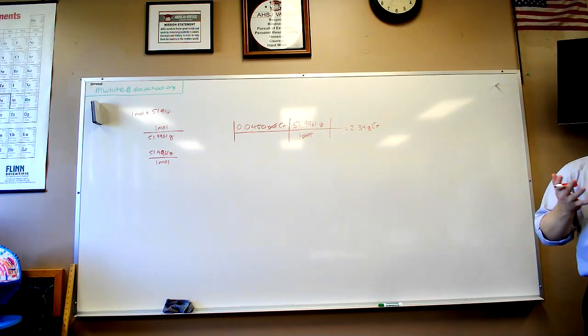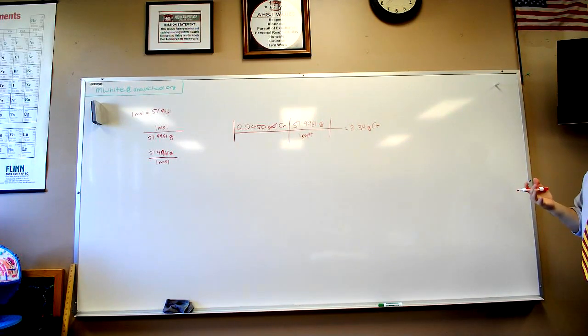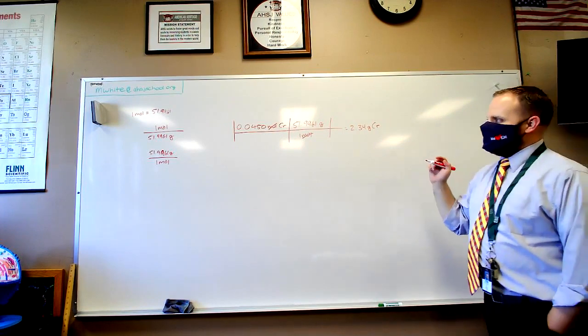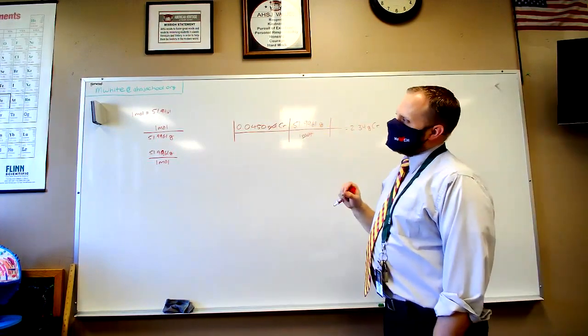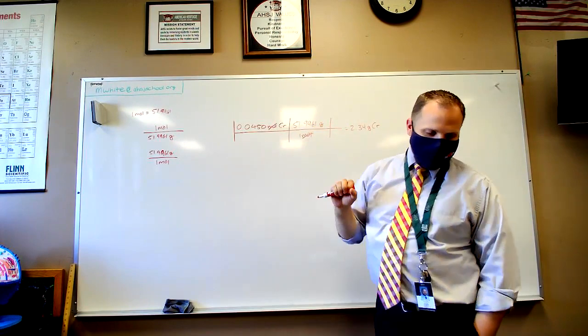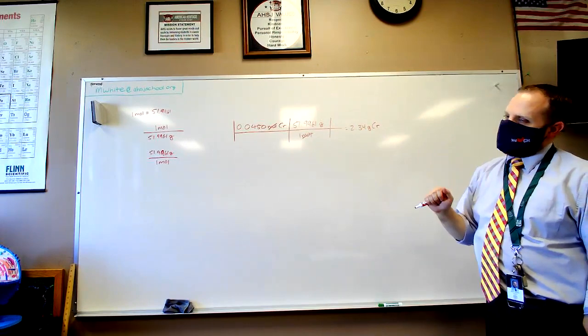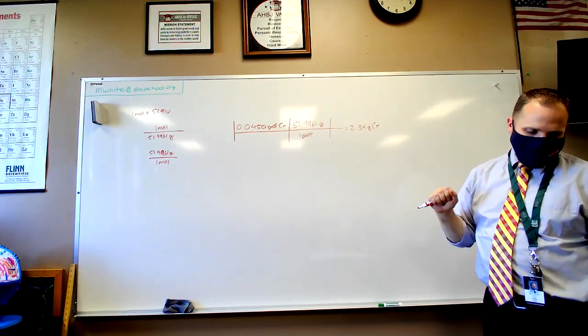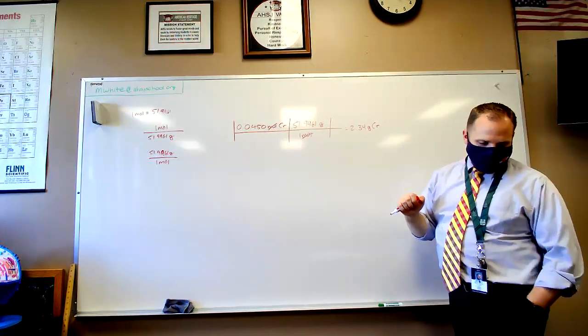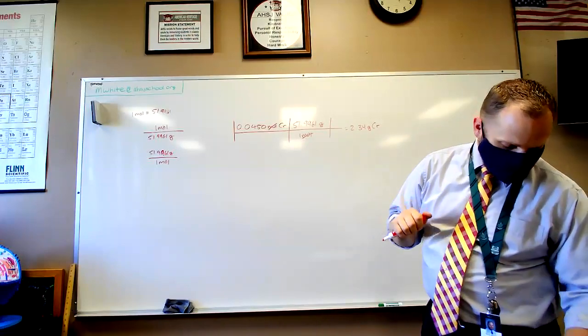Pretty straightforward. Okay, we're doing the same thing that we did last time. We're just bringing grams into it because of the conversion factor that we have with the periodic table. Okay. Let's do another one. Let's do one of these practice problems.